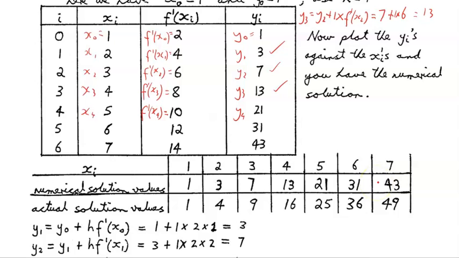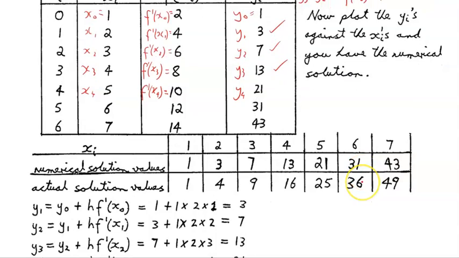Okay, now if you look at the actual solution values, remember the actual solution in this case was y equals x squared. Now 1 squared is 1, 2 squared is 4, 3 squared is 9, 4 squared is 16, 5 squared is 25, 6 squared is 36, 7 squared is 49.